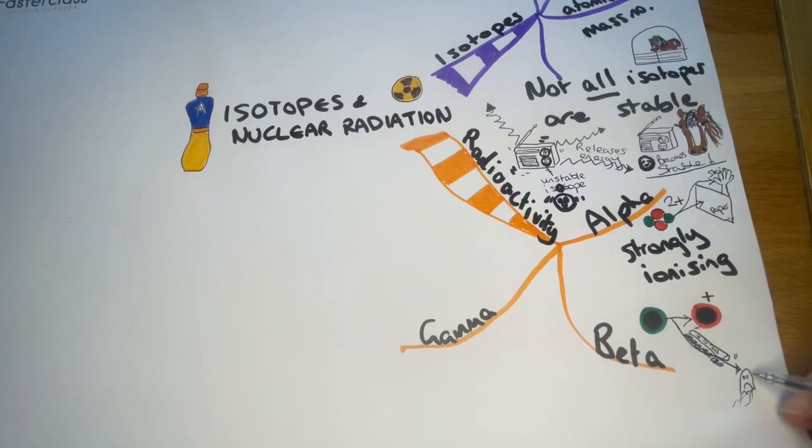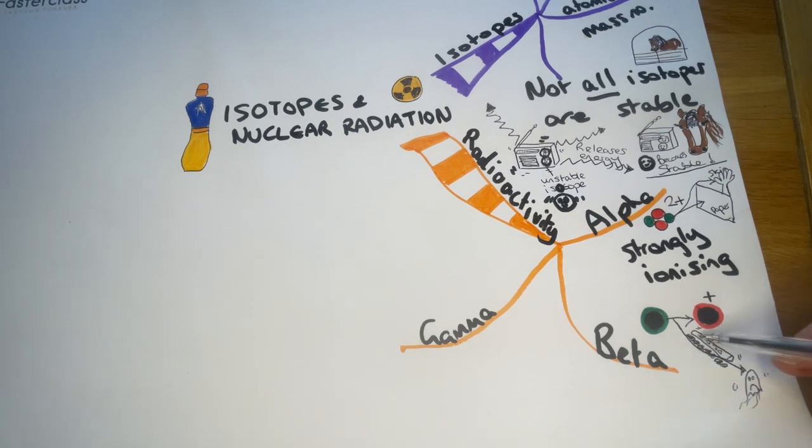This is my electron, and he's travelling at high speed. So this is your beta particle, your high-speed electron that's released when a neutron turns into a proton.